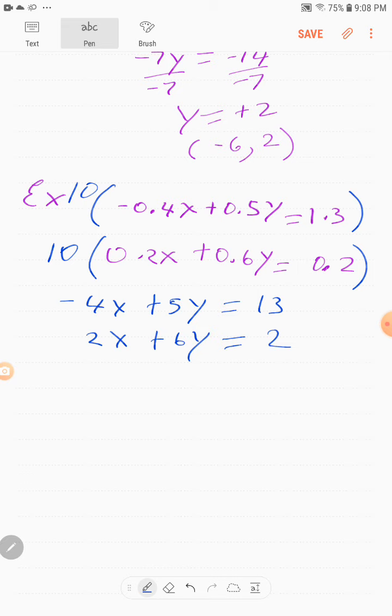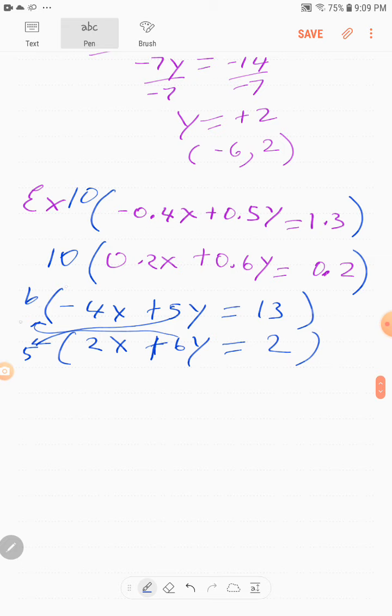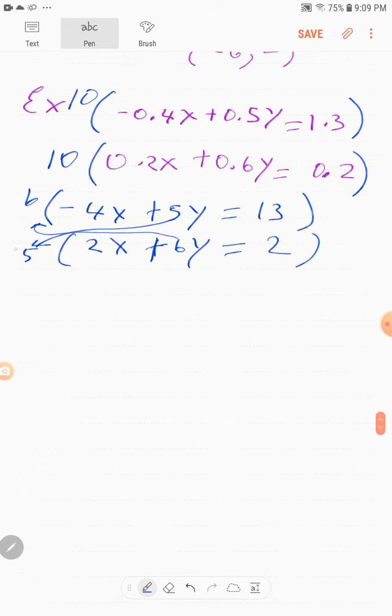So once again, we can clear the y's out. So I have 6 here and 5 here. Again, they're both the same signs. They're both plus, so I make the 5 a negative.